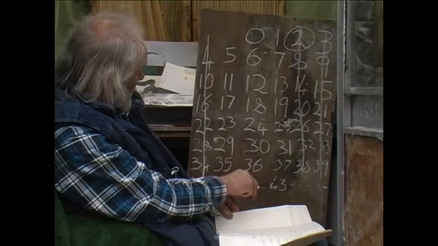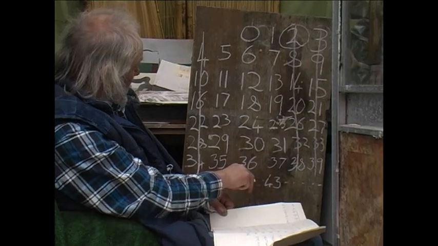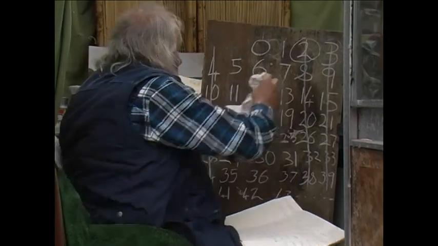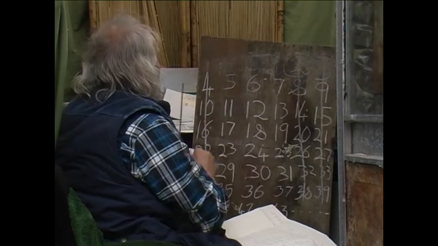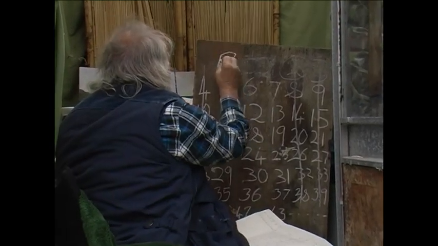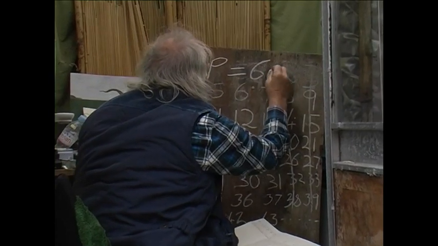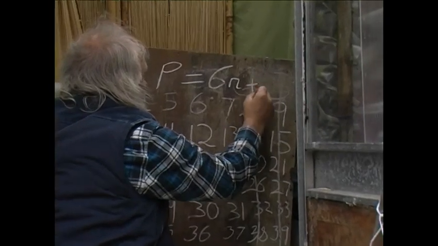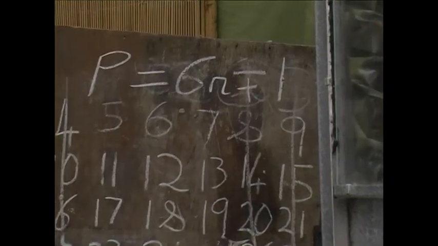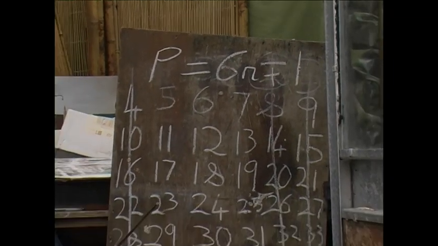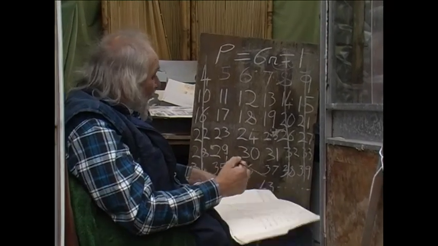Looking at these prime pairs, as they're called, they must lie on either side of a multiple of 6. So we can write a general statement, to put it in math speak: we say that a prime p is equal to 6 multiplied by some number, plus or minus 1, which narrows down the search for primes quite considerably, and for prime pairs even more.